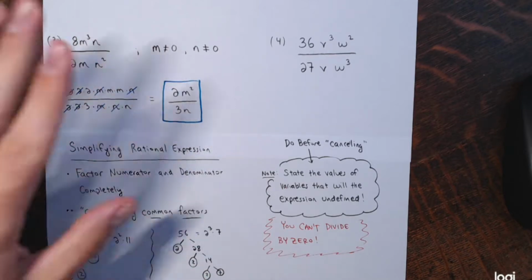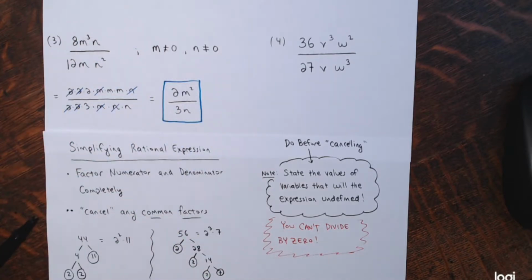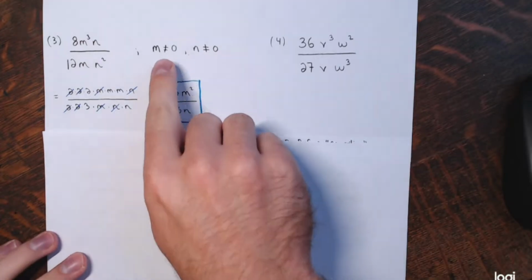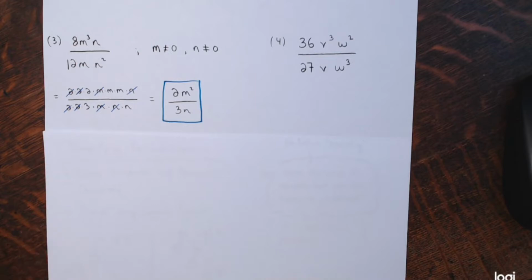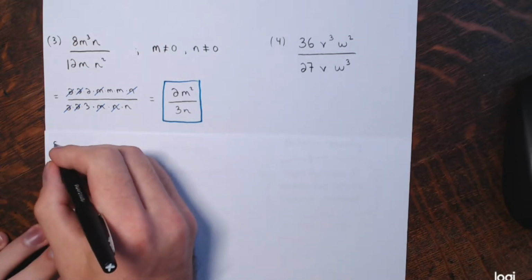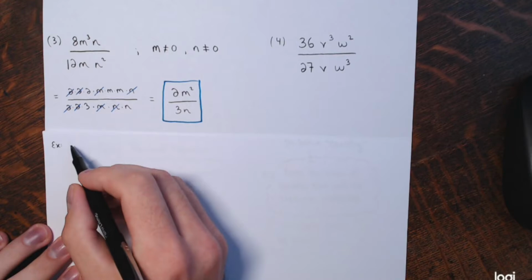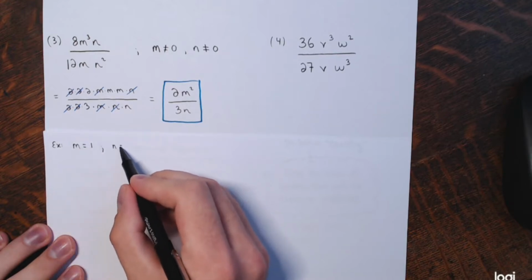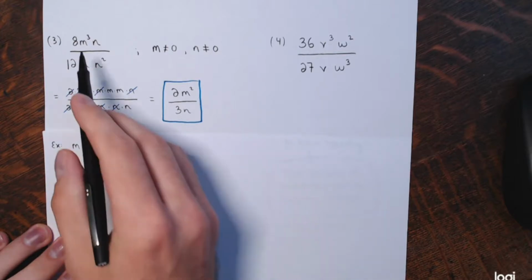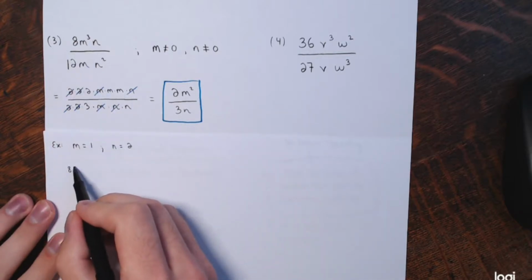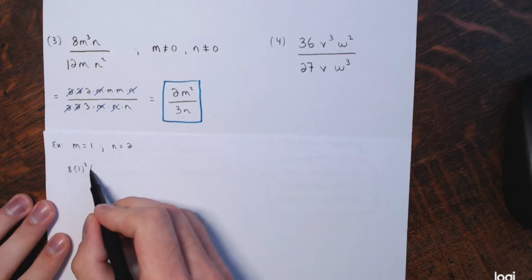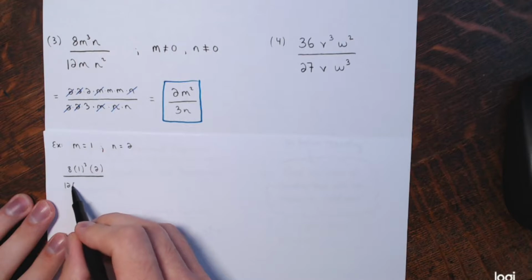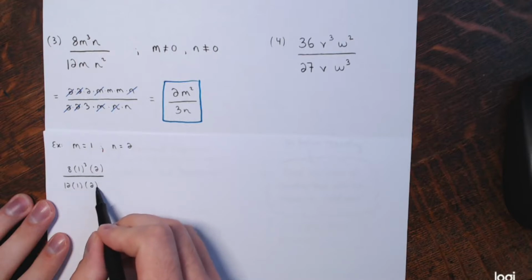Alright, and you could test this out. You could test this out with any value of m and n you wish, as long as m's not 0 or n's not 0. So for example, say if m were 1 and n were 2, you'd have 8 times 1 cubed times 2 divided by 12 times 1 times 2 squared.